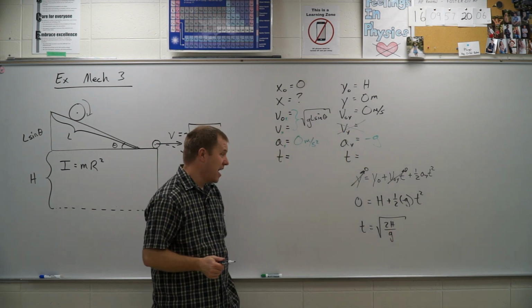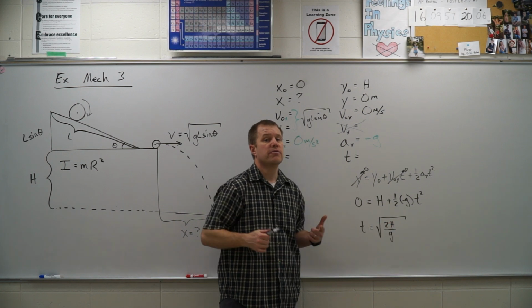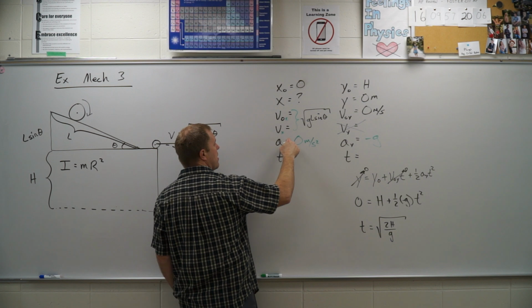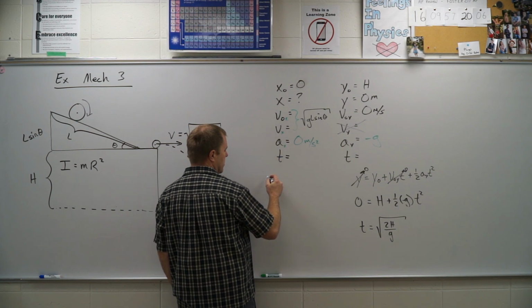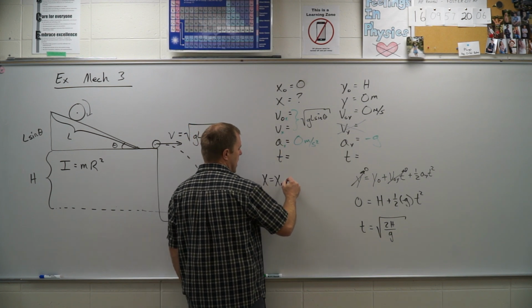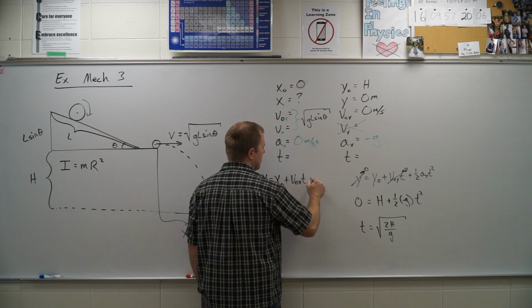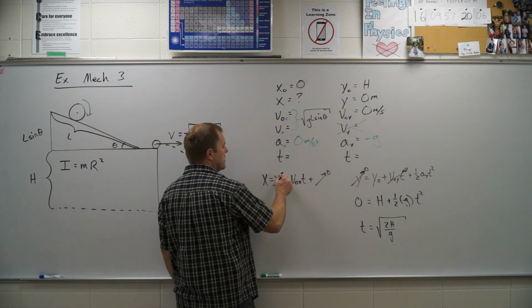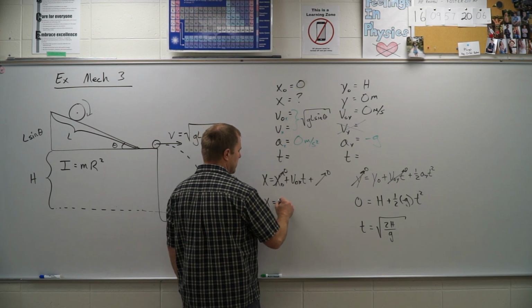Now I have my time in terms of variables that they gave me. Now I'm going to plug that in over here. Whenever you have an acceleration of 0, you're always stuck with equation number 2. So x equals x naught plus v naught x t plus 1/2 a t squared, which is 0. It starts at 0. I am solving for x, so I just need to plug in my information.